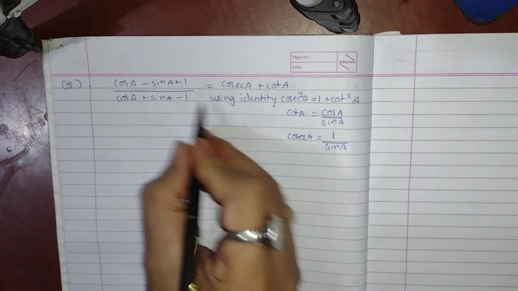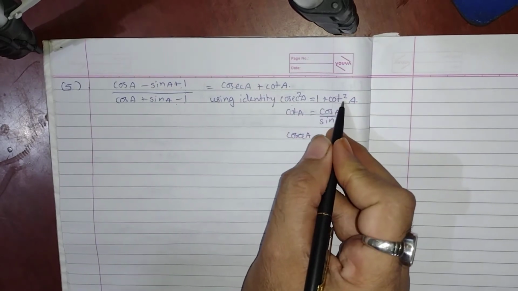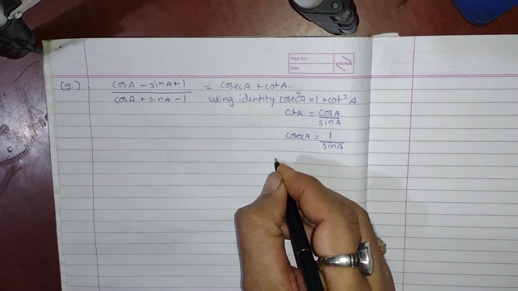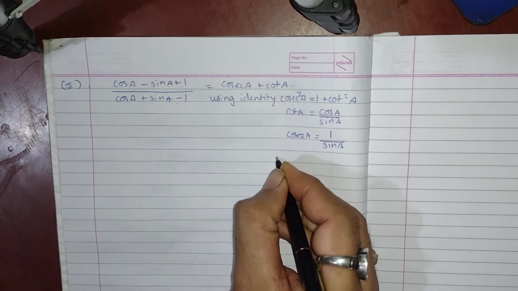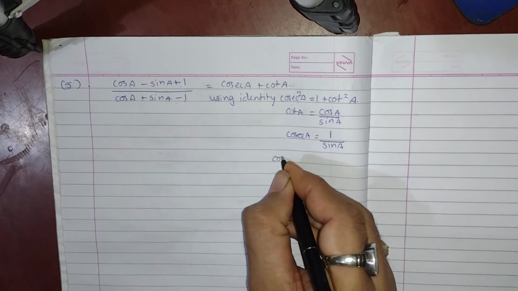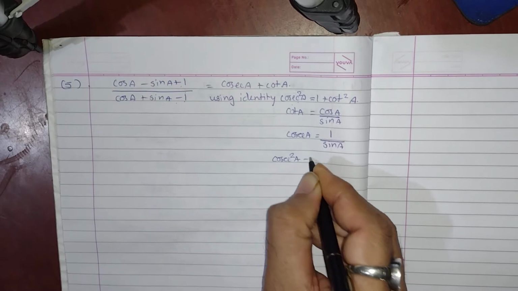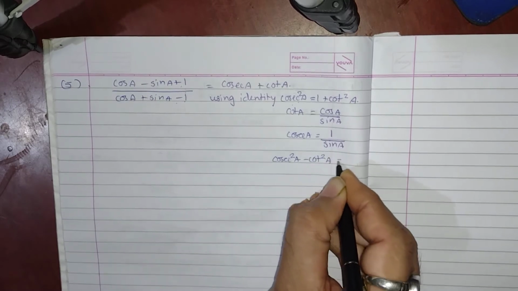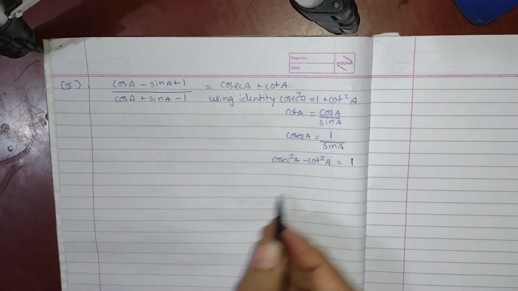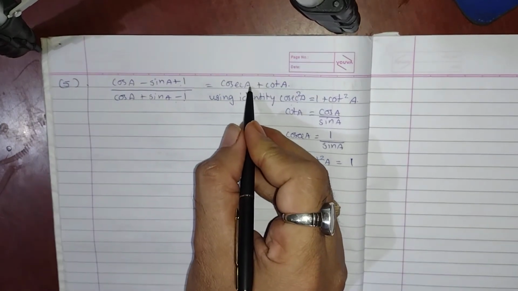So here we need it in the form of cosec and cot. And the third thing we should be clear about is cosec square A minus cot square A equals 1. In the example, we wrote the same way, but it was in a denominator; now it is in a numerator.